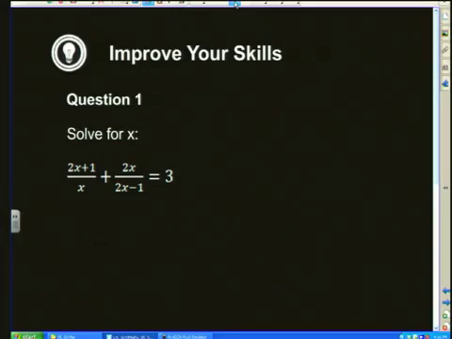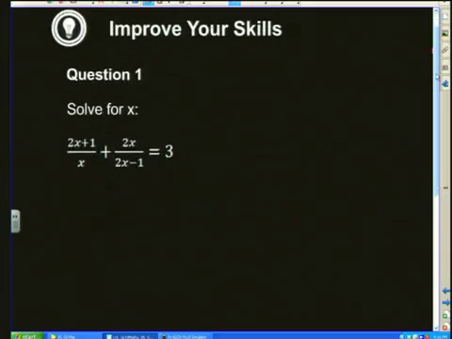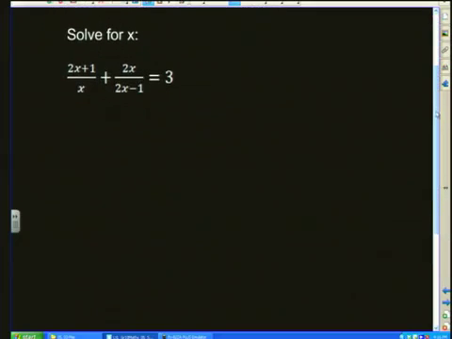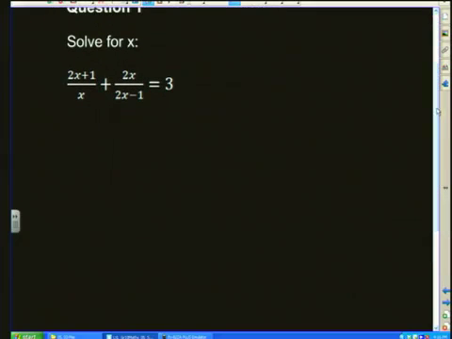All right. So we've got to solve for x here, and as you can see, we've got a fractional equation. It's 2x plus 1 over x plus 2x over 2x minus 1 is equal to 3. The first thing I like to do before we get into the whole equation is to put a restriction on my denominators, because remember, you cannot divide by naught.